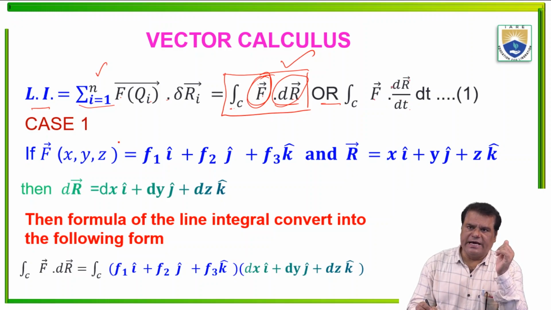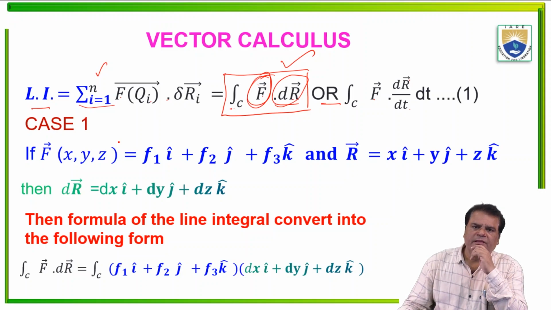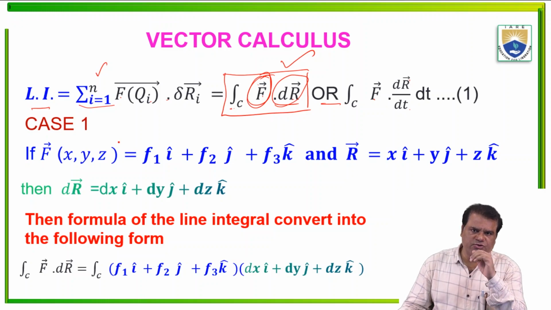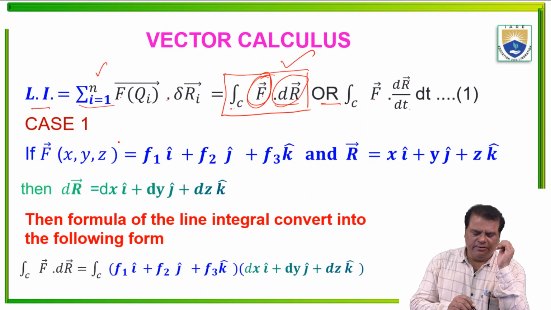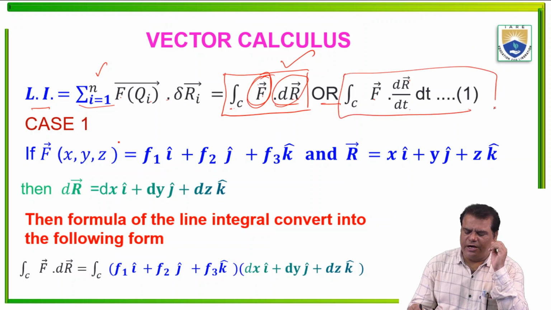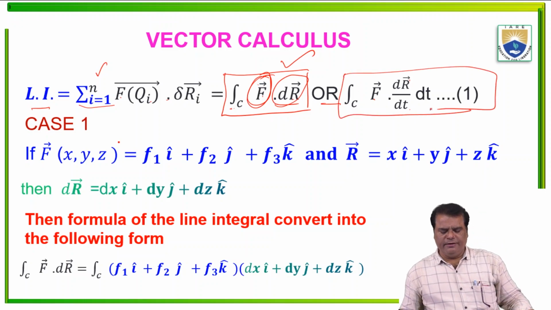Dr over dt means r is a vector, and r is a function of t. R has three variables x, y, z, and x is a function of t, y is also a function of t, and z is also a function of t.